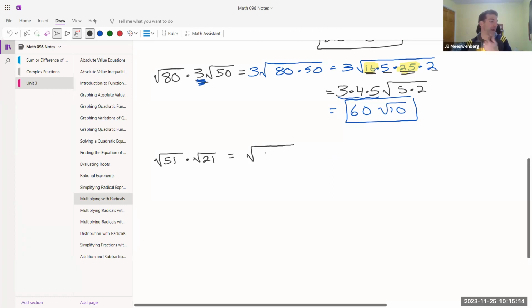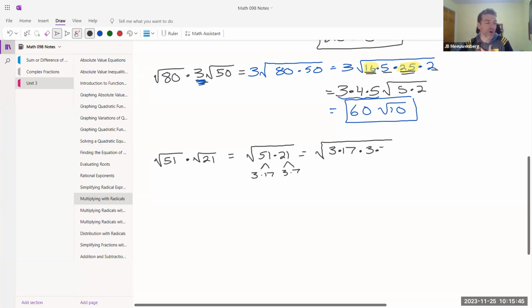And so it's probably going to be better off if you just keep them separate and treat it as the square root of 51 times 21. And then you look to break those apart. Well, if you look at 51, 51 is only 3 times 17. That's the only way to break up 51, is 3 times 17. And there's no perfect square there. Same thing with 21. It's just 3 times 7. There's no perfect square inside that 21.